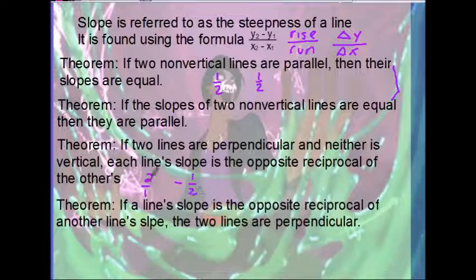And those are going to be perpendicular slopes. And its converse, so again, we got them going together. If a line's slope is the opposite reciprocal of the other line's slope, the two lines are perpendicular. So again, if we have these slopes right here, we can tell they're perpendicular because one is the opposite sign of the other and the reciprocal, the flip-flop.